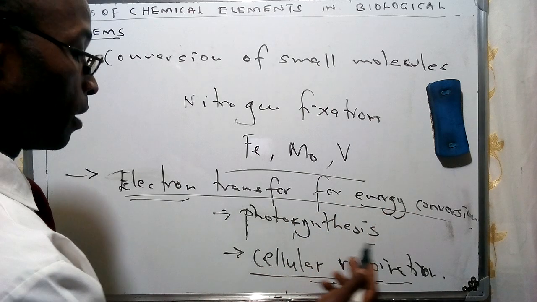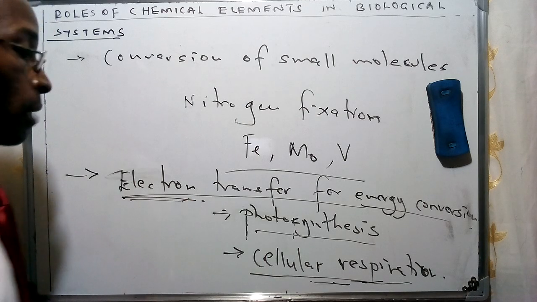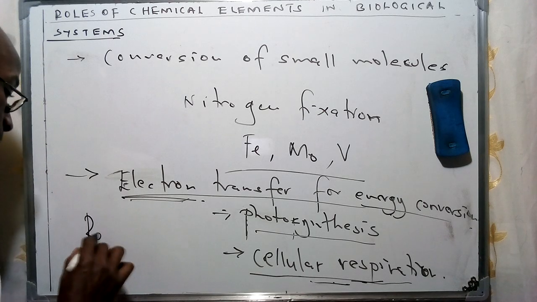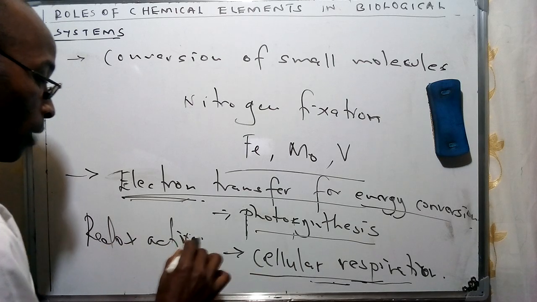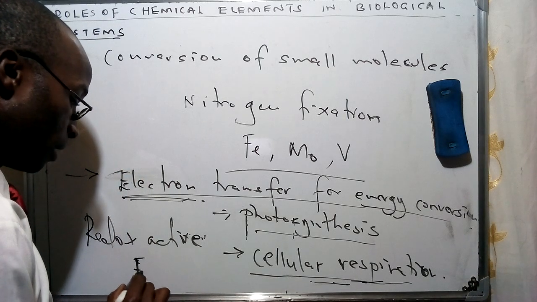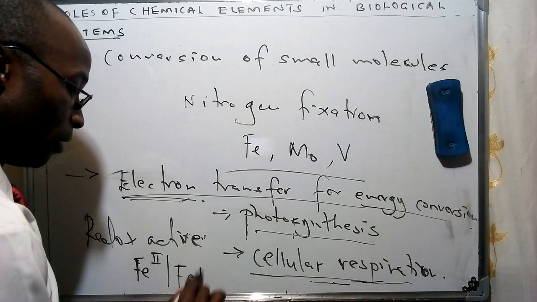So similarly, we are going to see that for the process of photosynthesis to occur, there's going to be some kind of electron transfer, which is going to be associated with this specific aspect of energy. Some of the metals which are going to be involved in these are metals which we classified as redox-active metals. And we're given different oxidation states, particularly for the metal iron, which we said is going to be involved in this particular case as iron 2 and iron 3.